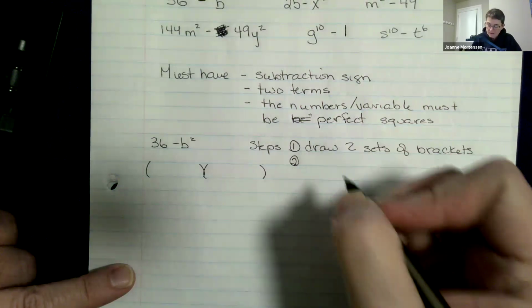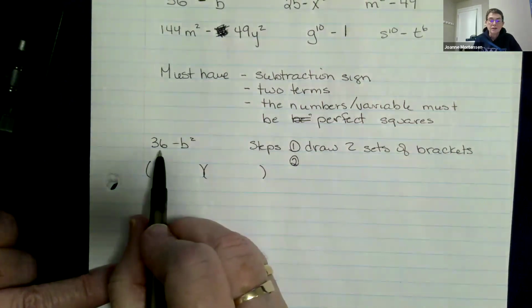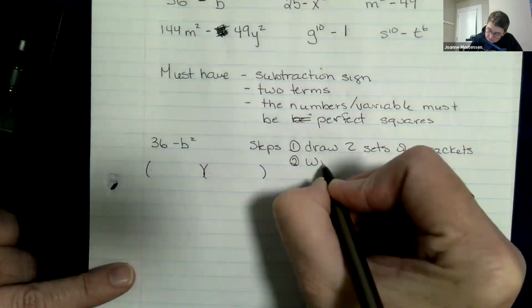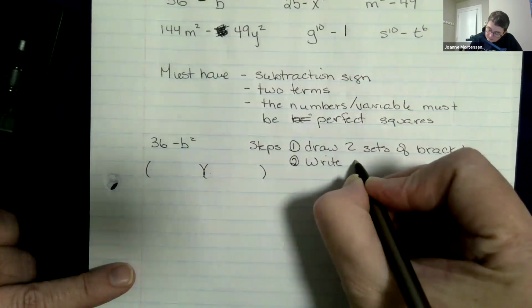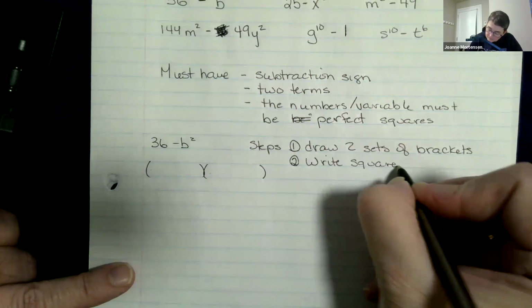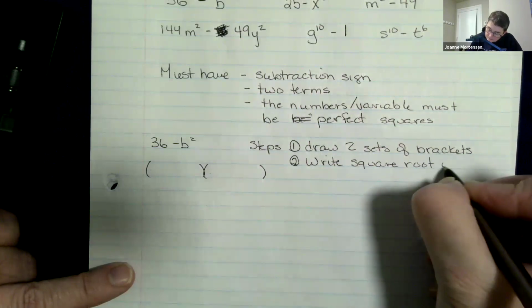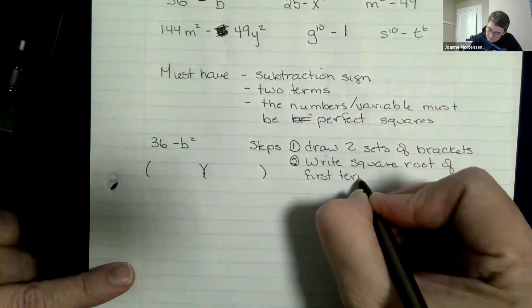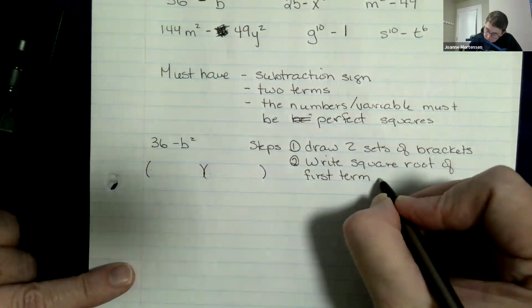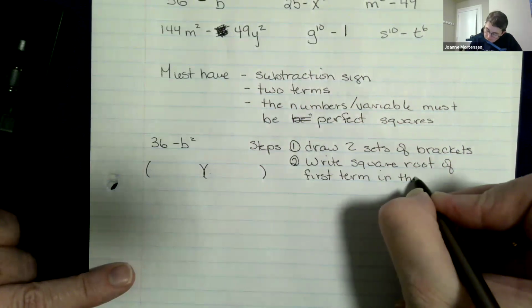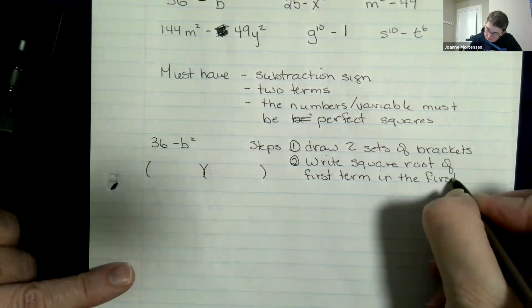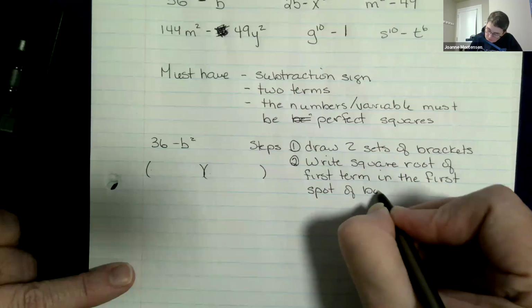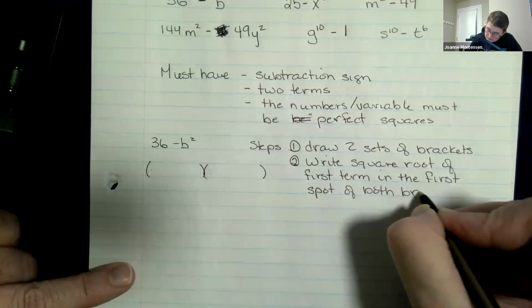Number 2, take the square root of the first term and put it in the first spot of both brackets.